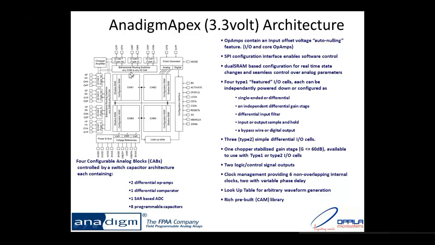Inside each FPGA, we have 4 CABs: CAB 1, 2, 3, 4. If you consolidate all 4 CABs, we will have 8 differential op-amps, 4 comparators, 4 ADCs, and 32 programmable capacitors inside each FPGA. Until all these resources are exhausted, you can design circuits as complex as you like.